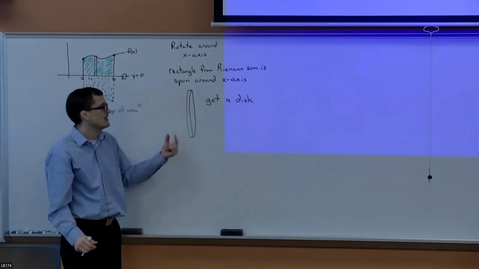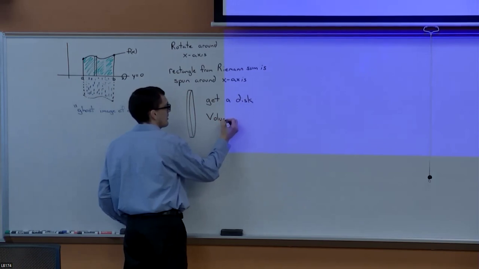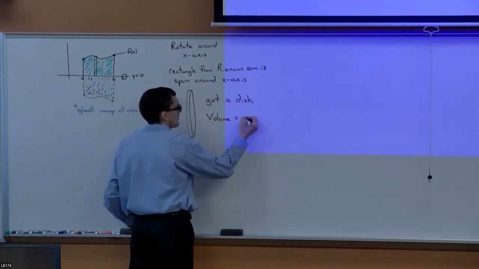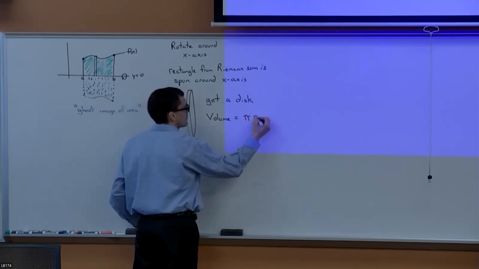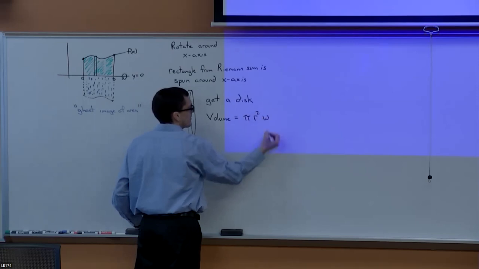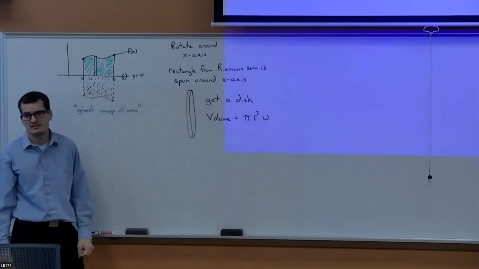Now, the volume of the disk is pi times radius squared times the width of the disk.